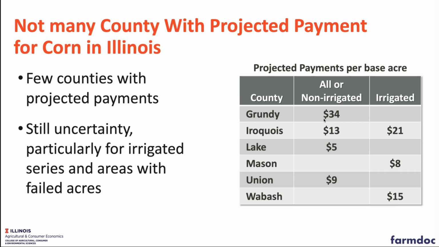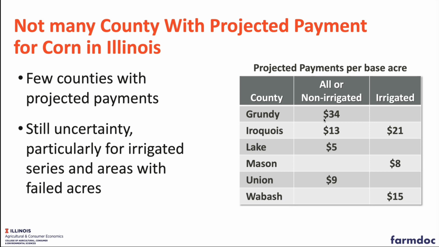But what it is is the average difference between the NASS yield and RMA yields from 2013 to 2017. So what we did, FSA reported RMA yields from 2013 to 2017, and that's used in the benchmark calculations. So we took those yields, compared them to NASS, and for most counties, and I'm sorry, I don't know what it is for Grundy County.